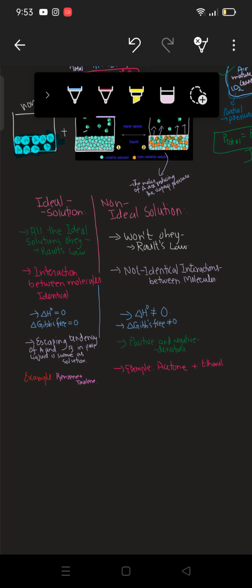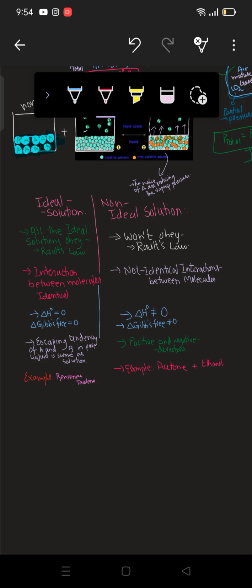But in the non-ideal solution, the interaction between the molecules is not identical at all. In the ideal solution, the change in enthalpy is 0 and the change in Gibbs free energy is 0. But in the non-ideal solution, the change in enthalpy is not 0 and the change in Gibbs free energy is not 0 as well, right?